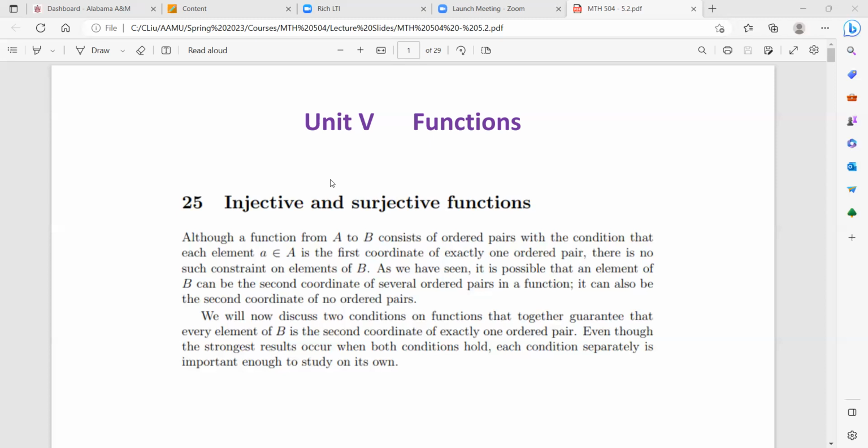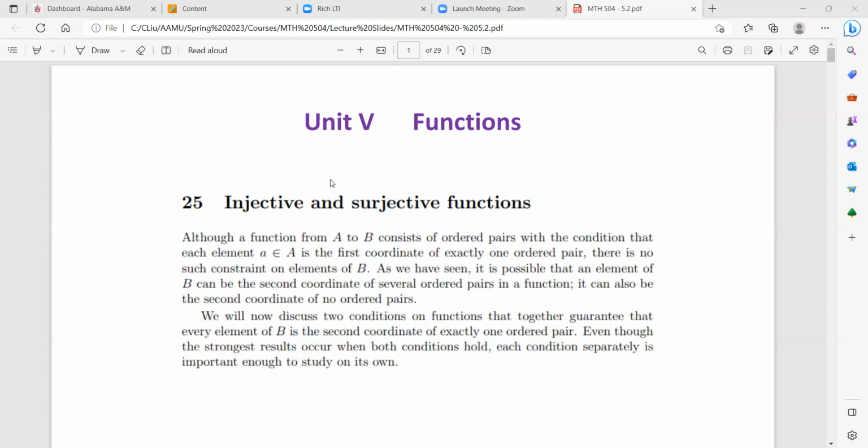All right, so we have two sets, A and B. A is the domain and B is the codomain. So you map every element in the domain into the codomain. And you can map several, even all of the elements in the domain into a single element in the codomain.